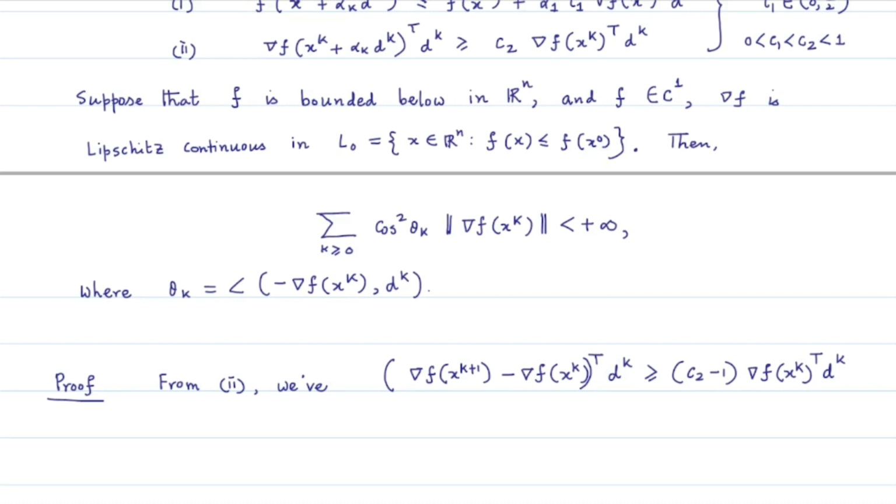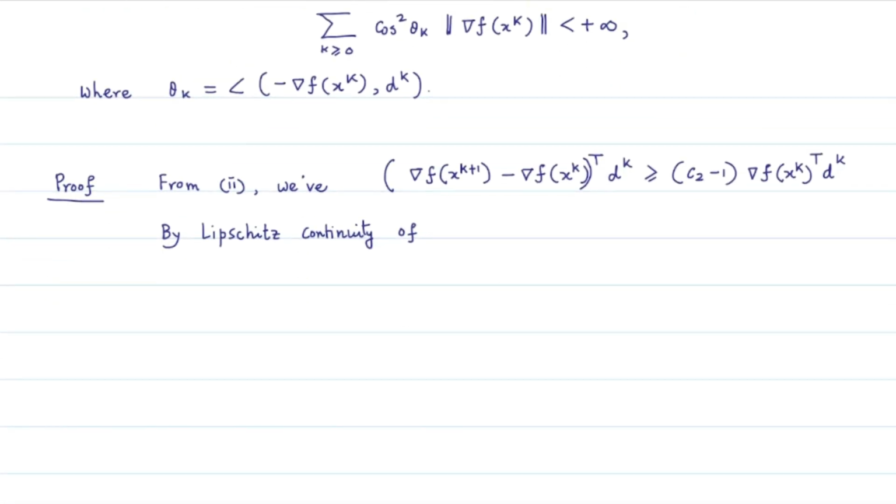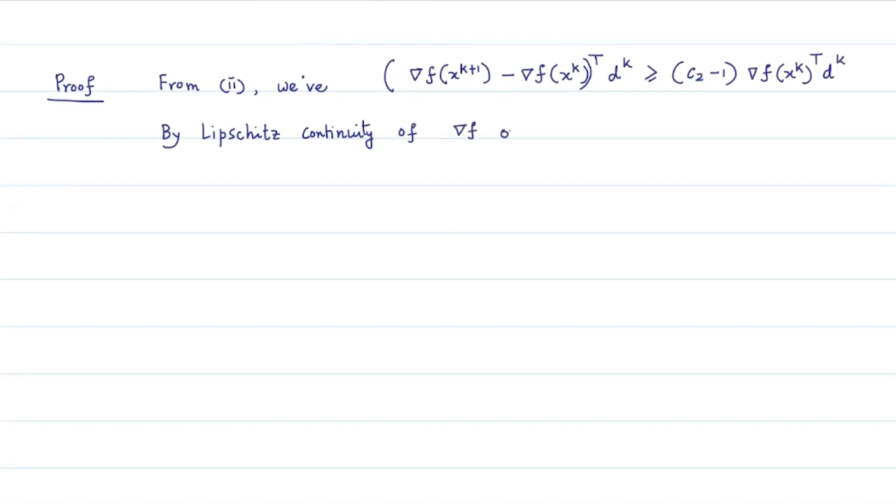Now, as the gradient of f is assumed to be Lipschitz continuous in L0 and the sequence xk is inside L0, we have, by the Cauchy-Schwarz inequality and Lipschitz continuity of grad f on L0, with some Lipschitz constant, say capital L, that grad f xk plus 1 minus grad f xk transpose dk is less than or equal to the norm of the first component in the bracket.